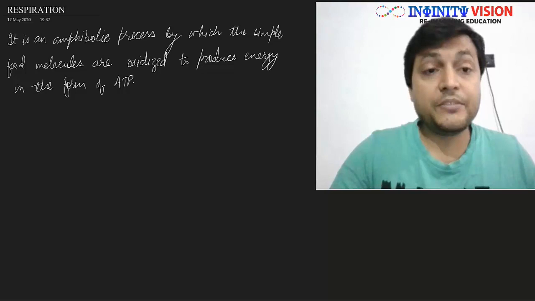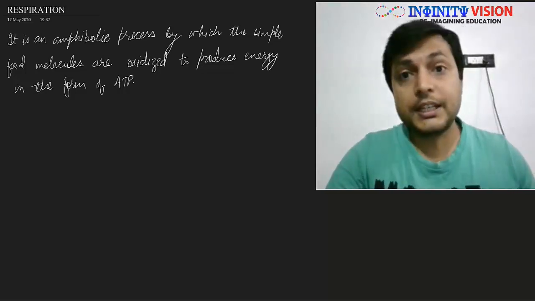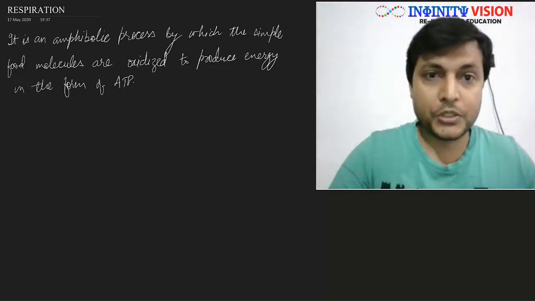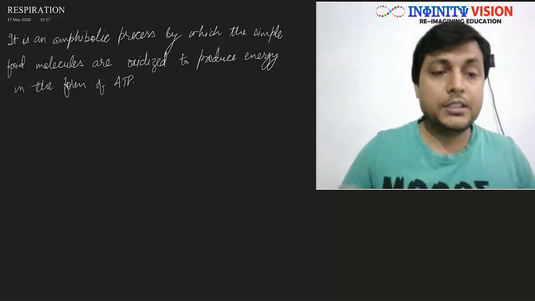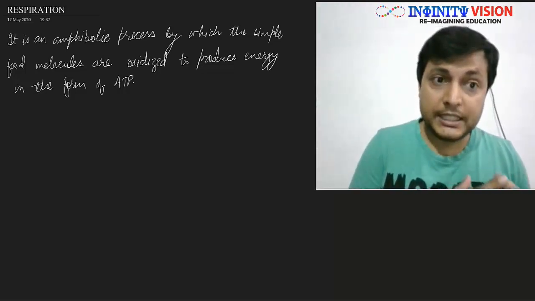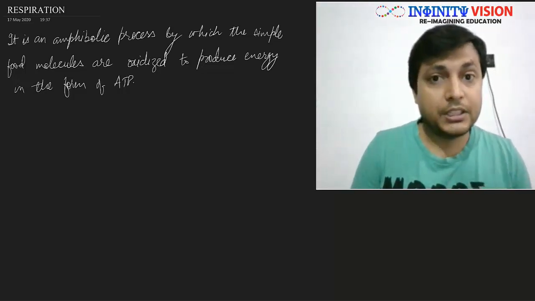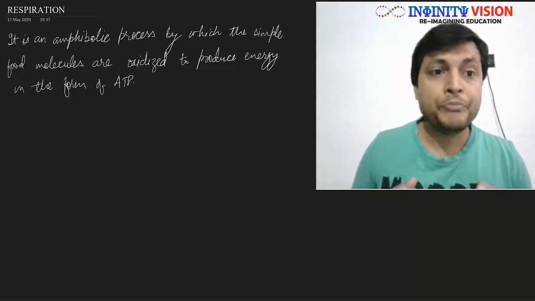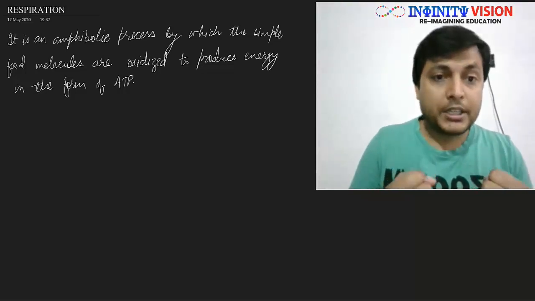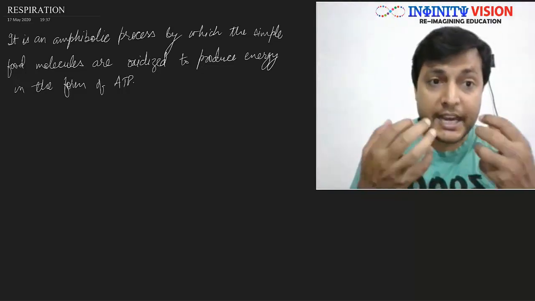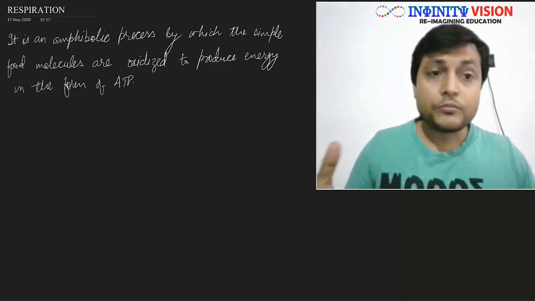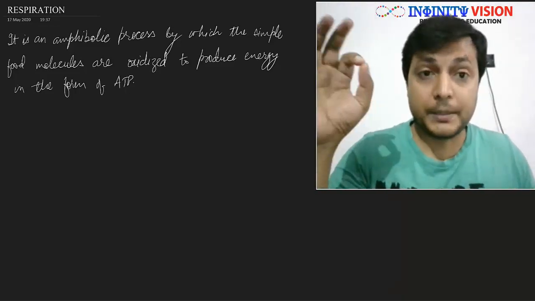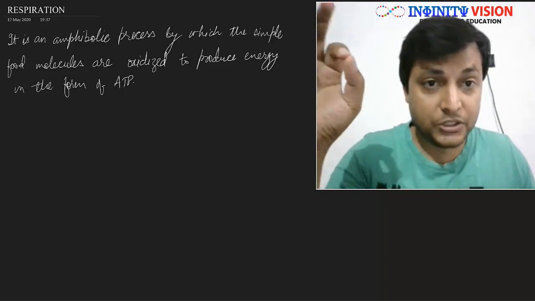Well, in the previous video lectures, we were studying about nutrition. In nutrition, primarily, we have seen nutrition in plants, then in unicellular organisms, and finally in humans. As part of human nutrition, we have seen how the complex organic compounds which we eat as food are broken down into simple compounds, that is the process of digestion.